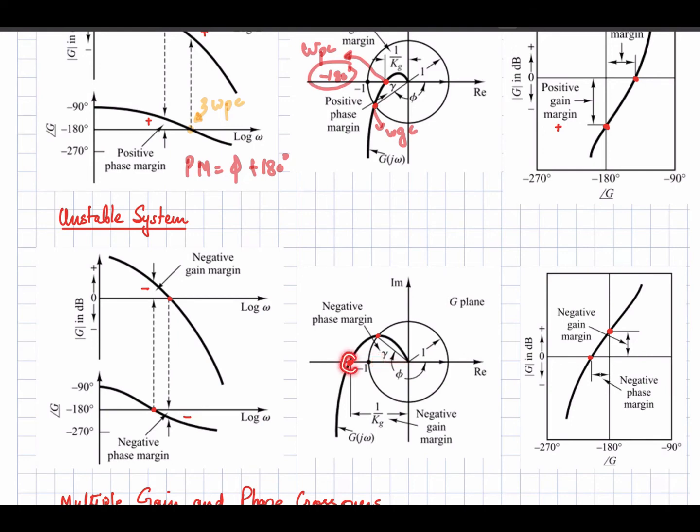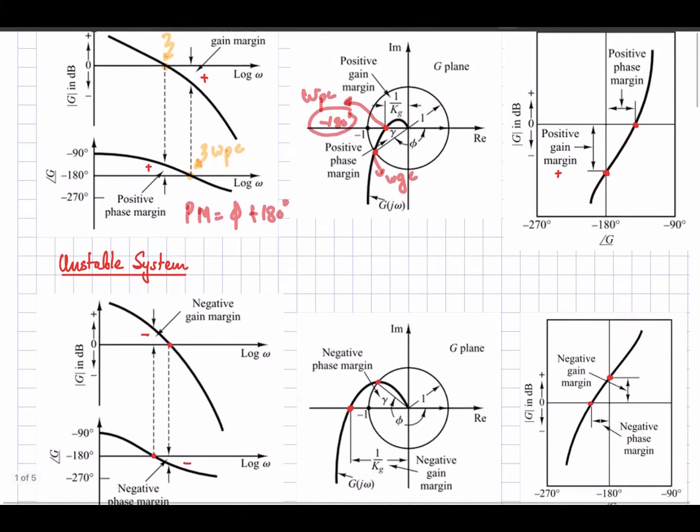For an unstable system, it is outside this circle, which you can observe over here. This is representing the stable system, and this one is representing the unstable system. So this is the phase crossover frequency, and at this point the magnitude of your system is above 1, so you will have to decrease the magnitude to bring it to stable. That's why it is the negative gain margin.